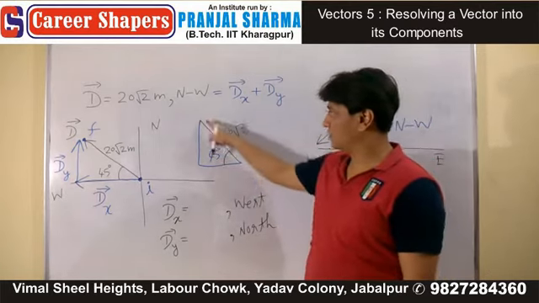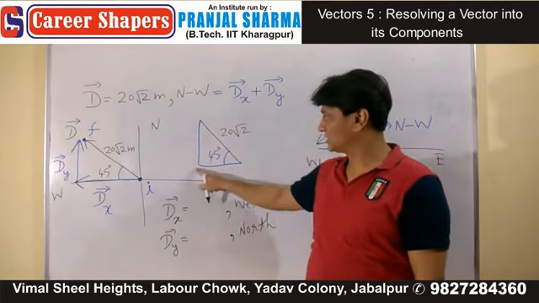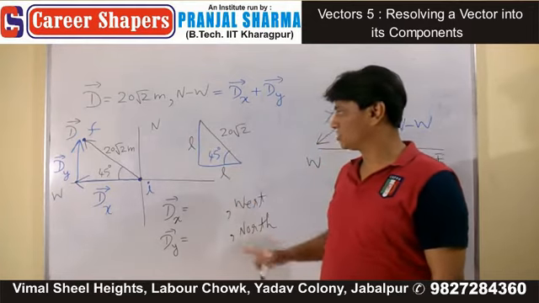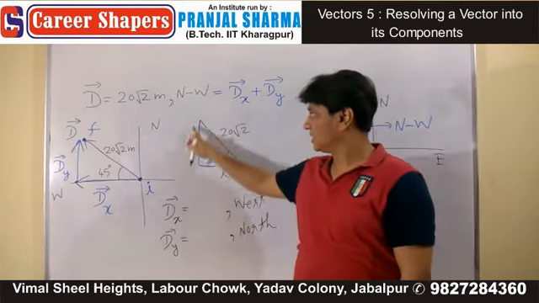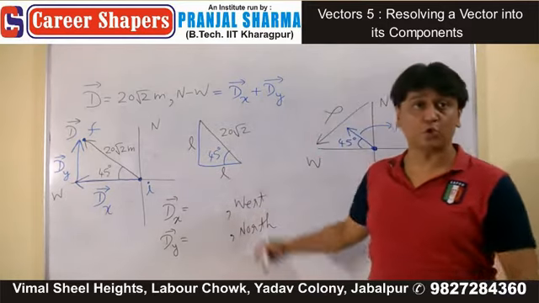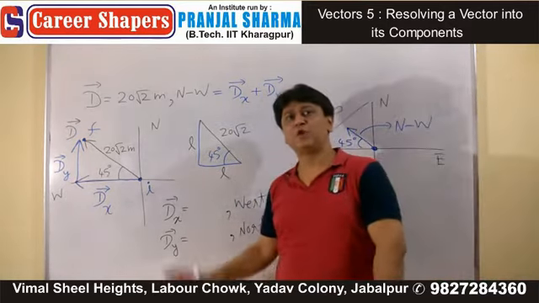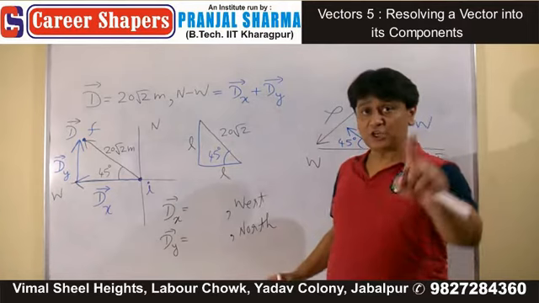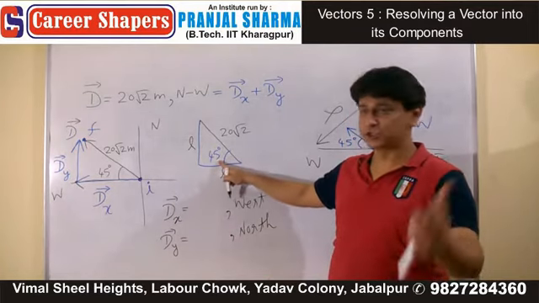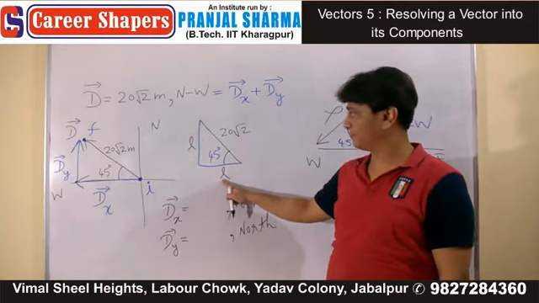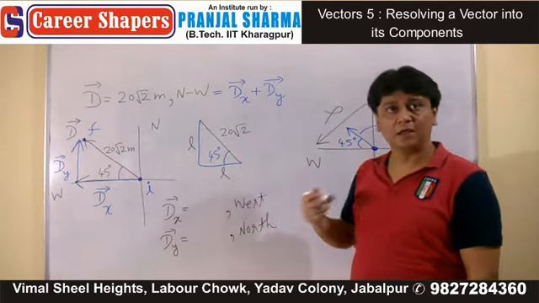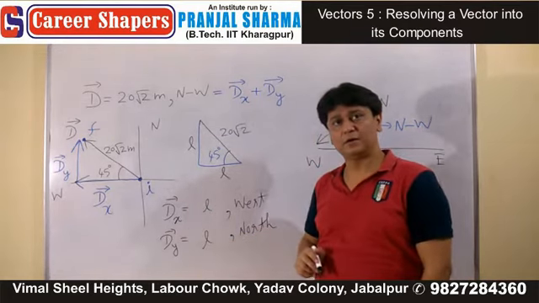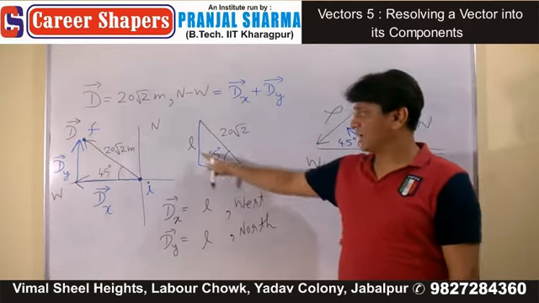If I say this length is L, then this length is also L. Simple analysis, if we don't go for resolving the way we did with cos theta and sin theta. Just because this angle is 45, this and this are the same. This L and this L are magnitudes. L, L.